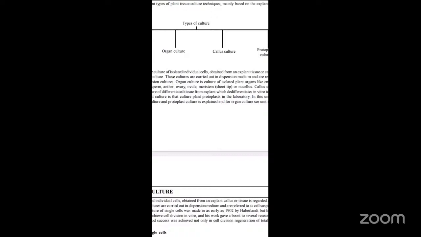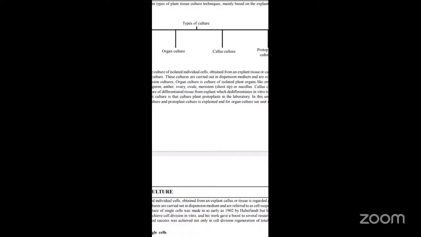Isolation of single cell. The cells employed for in vitro culture may be isolated from cultured tissues or plant organs. The single cell can be isolated from callus culture.